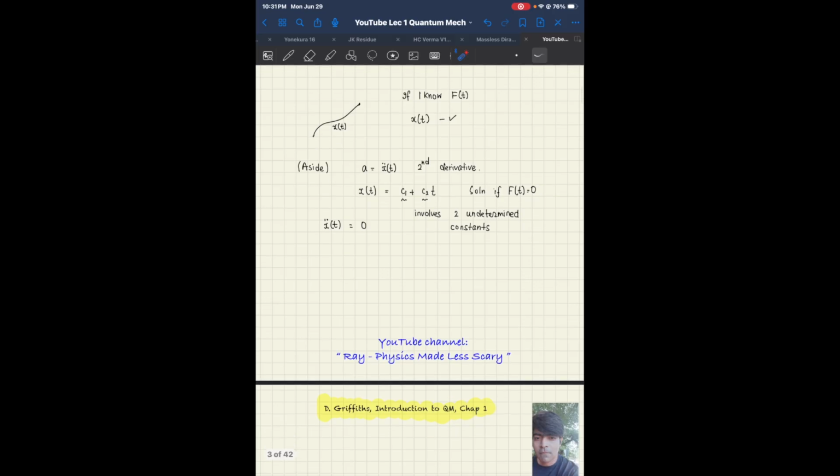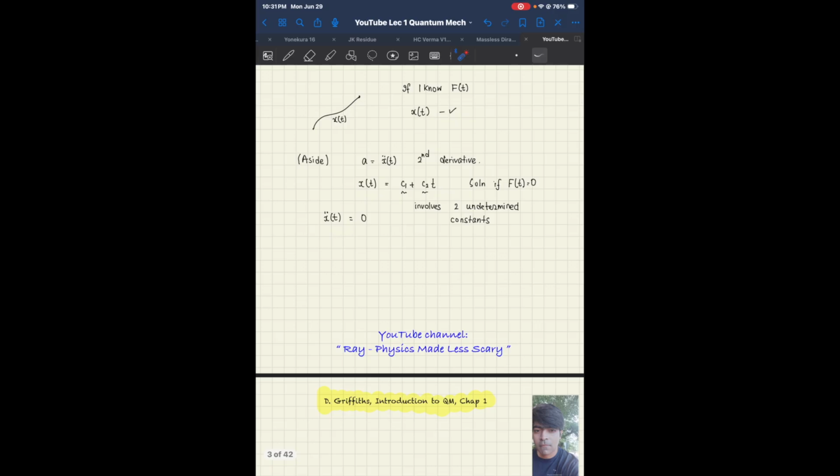Again, as an aside, later on you will know, or probably you know in your courses, that these are fixed by boundary conditions.